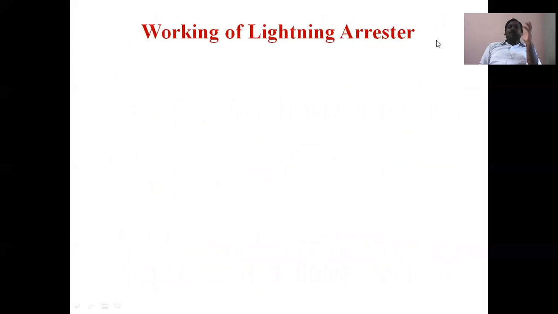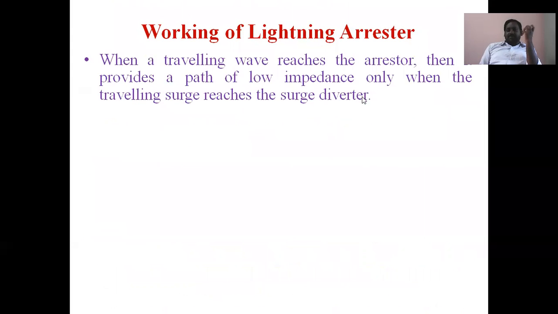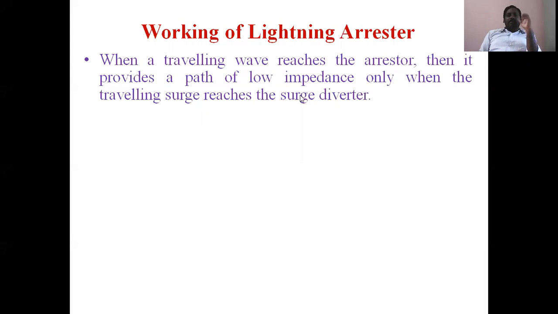And working of lightning arrestor: when the traveling wave reaches the arrestor, it provides a path of low impedance only. When the traveling surge reaches the surge diverter, it provides low impedance. The lightning arrestor has a non-linear resistance.